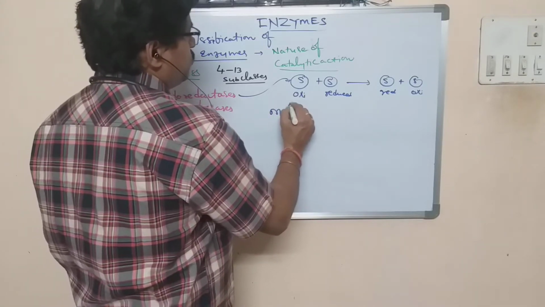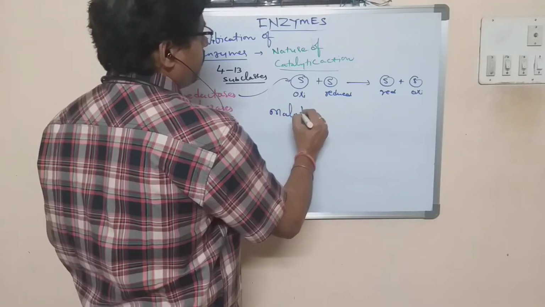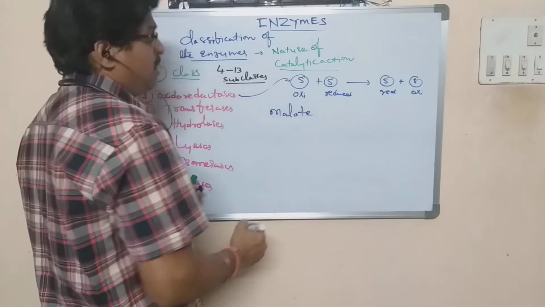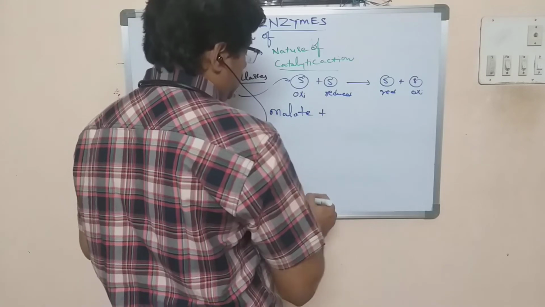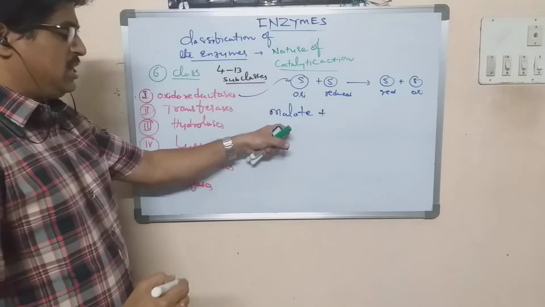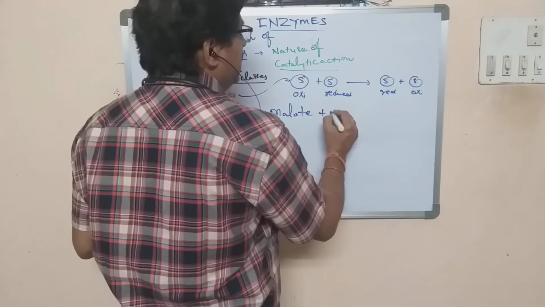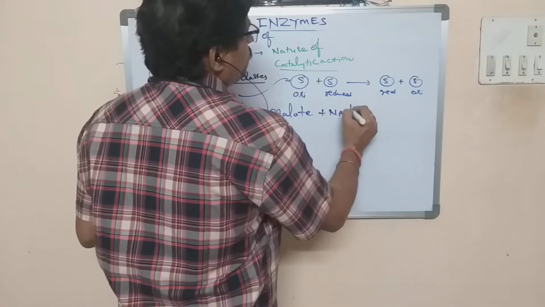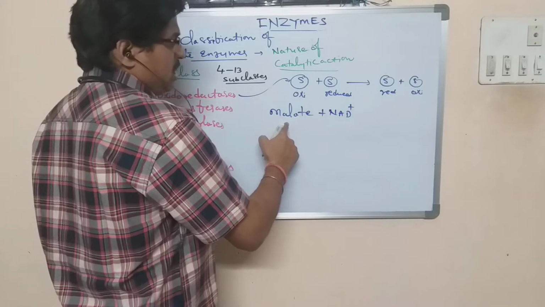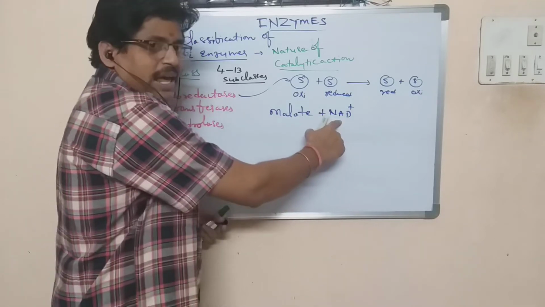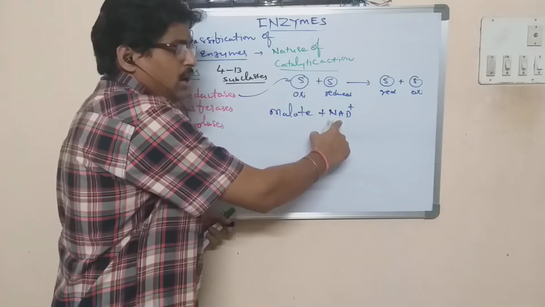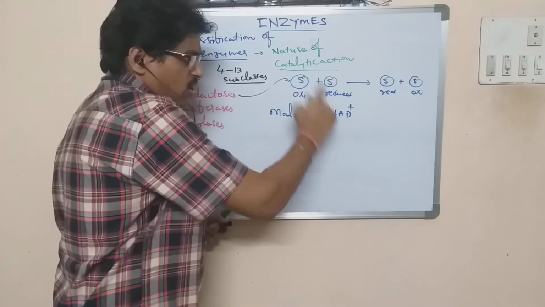One example is malate. Malate undergoes reaction in the presence of the enzyme malate dehydrogenase. The substrate malate undergoes oxidation and reduces NAD plus, nicotinamide adenine dinucleotide, which is in the oxidized condition.